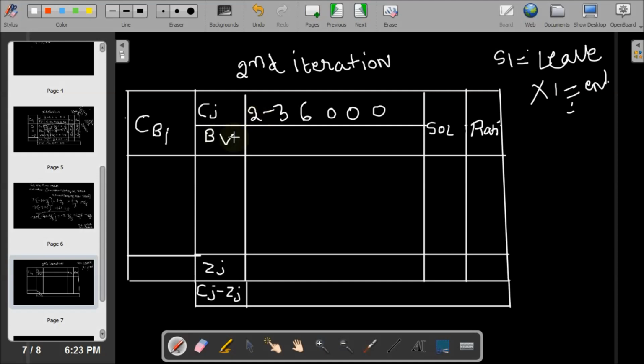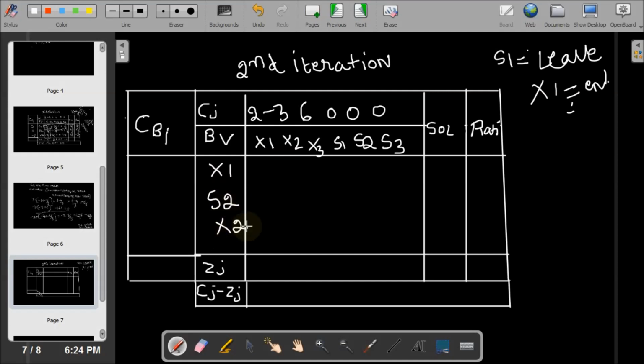The variables are also the same: x1, x2, x3, s1, s2, s3. Now what variables do I have to write? X1, because x1 is entering here, you know that. X1, s2, x2.